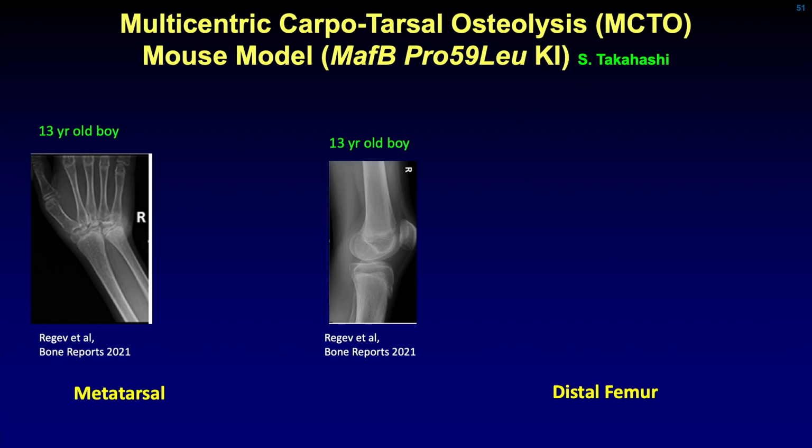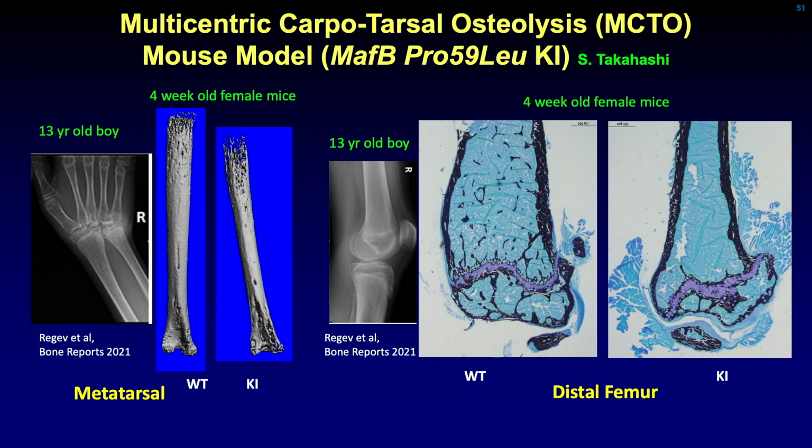All right, and I want to finish on MCTO because it's another rare disease that we would very much like to understand and treat, where bone is disappearing in children at a very rapid rate. I just want to show this is human, and this is the mouse that we are working on from Dr. Takahashi.